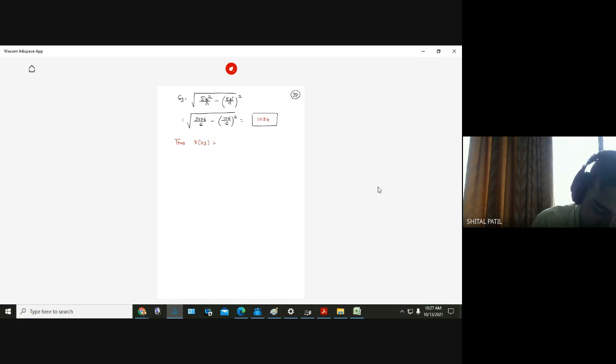Therefore r of xy equals covariance divided by sigma x sigma y. So covariance is 42.